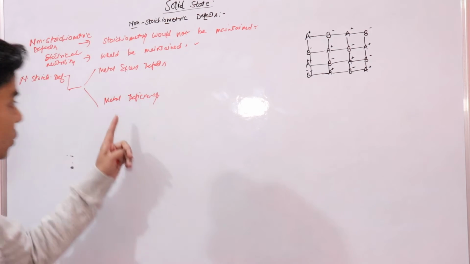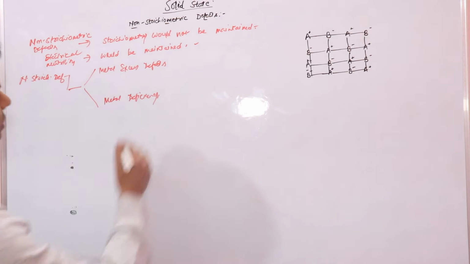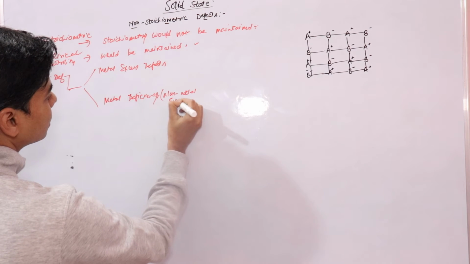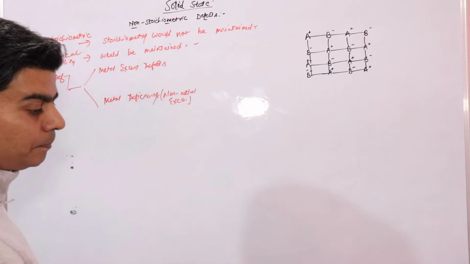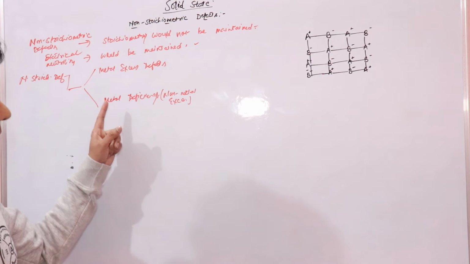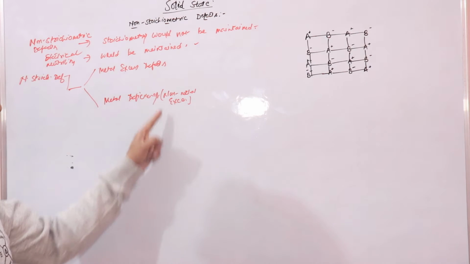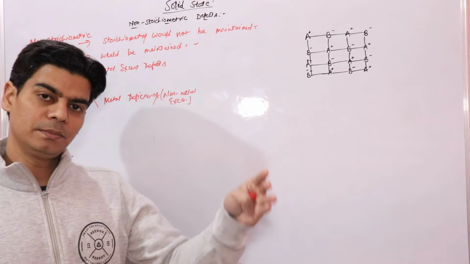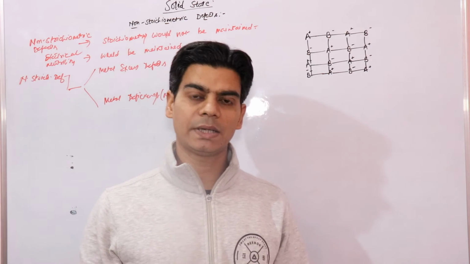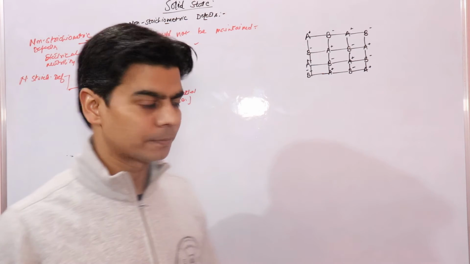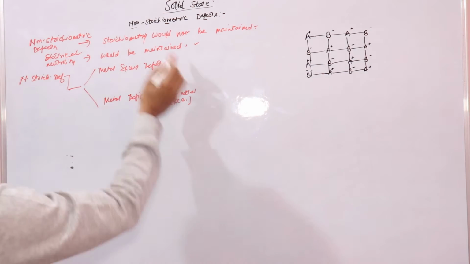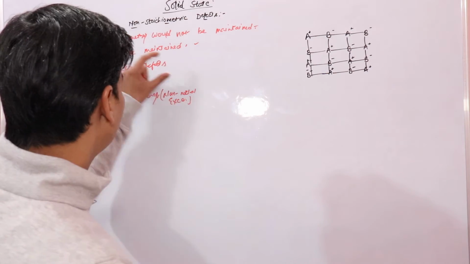So we may also call it non-metal excess defects, because we know that in a neutral compound cations are equal to anions. So when we say metal deficiency, that means metal cations are deficient by certain numbers. That means anions are more, or anions are in excess.